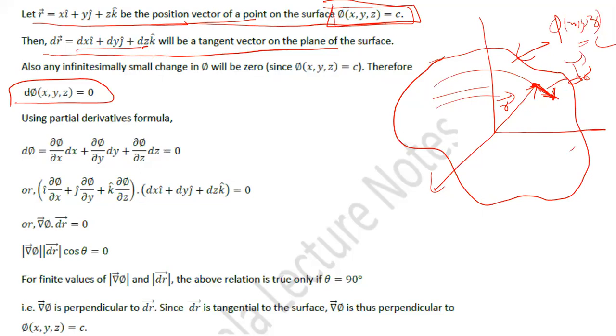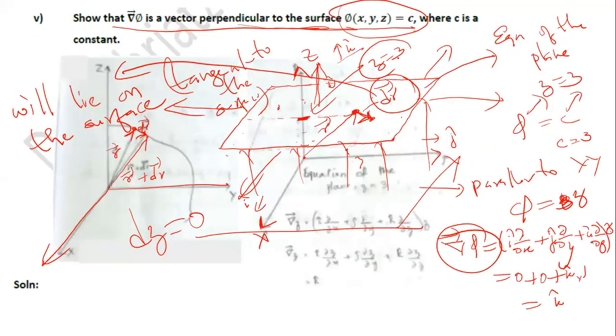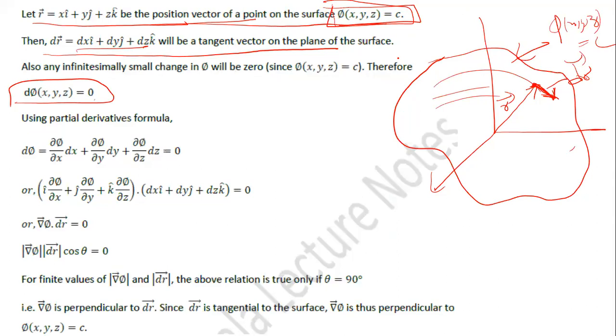And as you move from one point to another point on the surface, change in phi is 0 because this is the equation of the surface. Like we discussed here, z equal to 3, z is constant on this surface. So to represent the equation of surface, we're considering some scalar function which is constant.